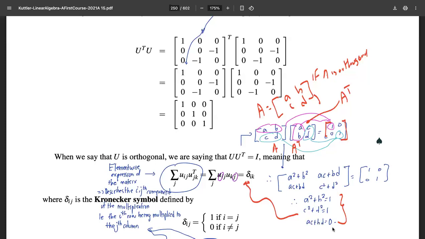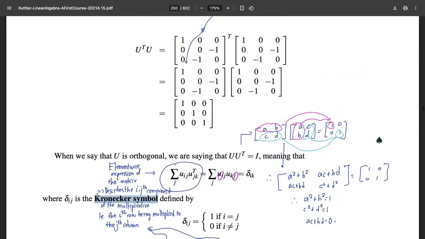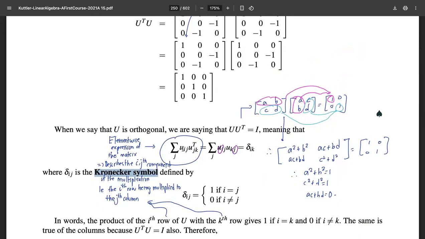So yeah. And this is the Kronecker symbol that we saw earlier on. Essentially, we are rewriting the multiplication to relate it to the elements of the matrix U itself.